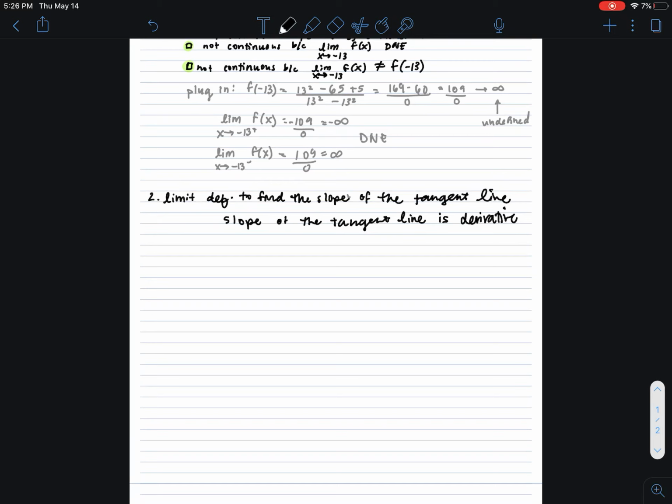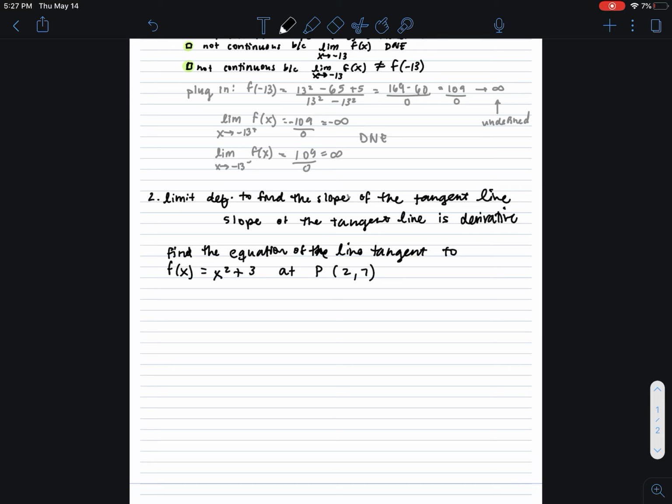Let's do find the equation of the line, of the line technically, tangent to f of x equals x squared plus 3 at the point P, which is, let's do 2, 7.